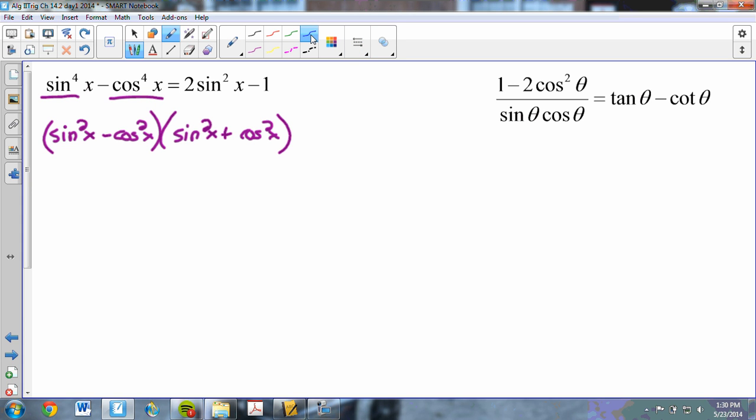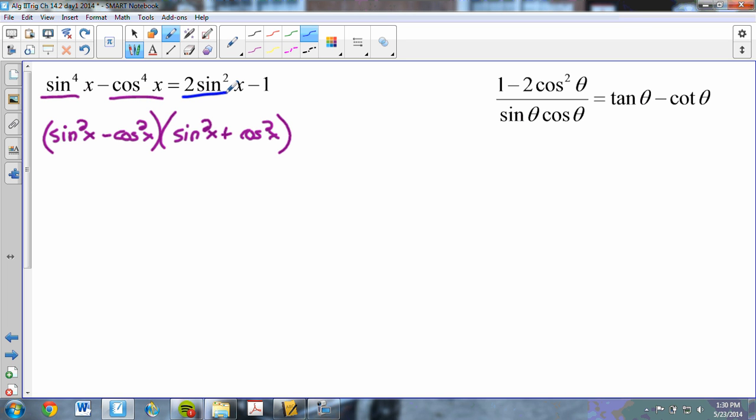No, because there's 2 sines. It ruins everything. This is the multiplication of 2 sines. I can't do anything with that right side right now. I could manipulate it in a way where I could, but I don't want to right now.